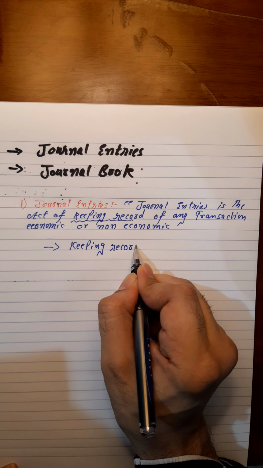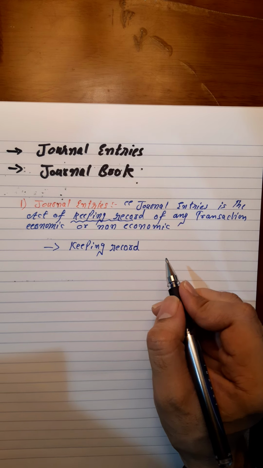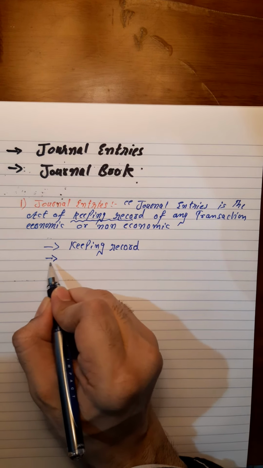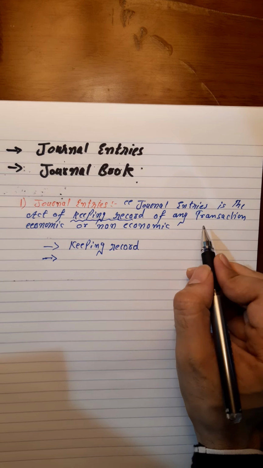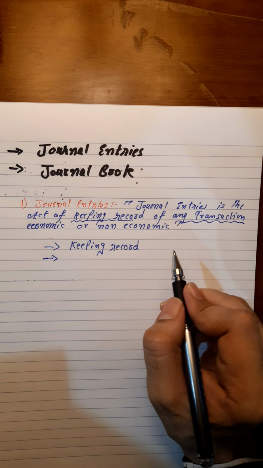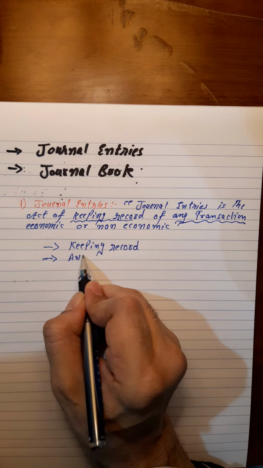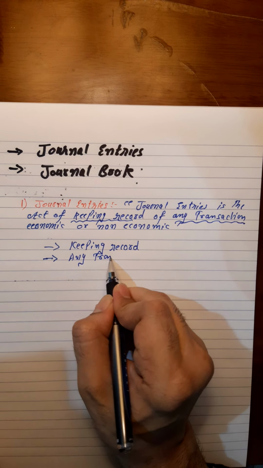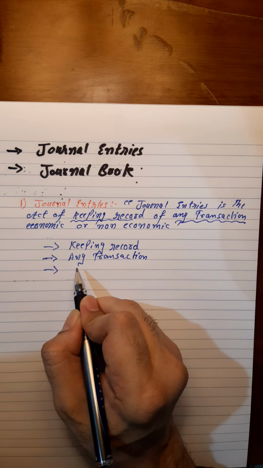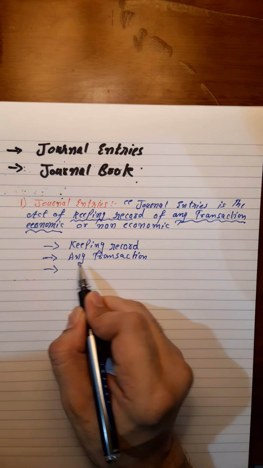Meaning, journal entry is something in which we have the concept of keeping a record. The second key in the definition is any transaction of our business. The third key is economic.